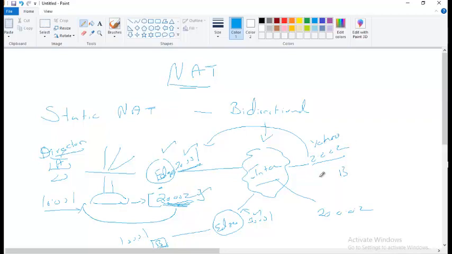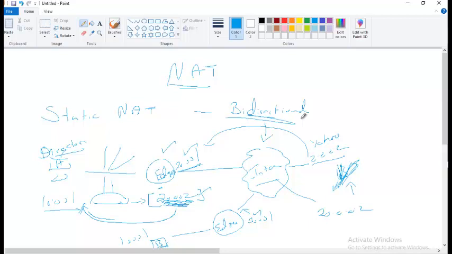Look at this. If someone from Yahoo tries to talk to A, what address should they use? They should use 20.0.0.2. Any traffic going to 20.0.0.2 gets mapped to 10.0.0.1, isn't it? That is why we call this bidirectional, two-way translation.